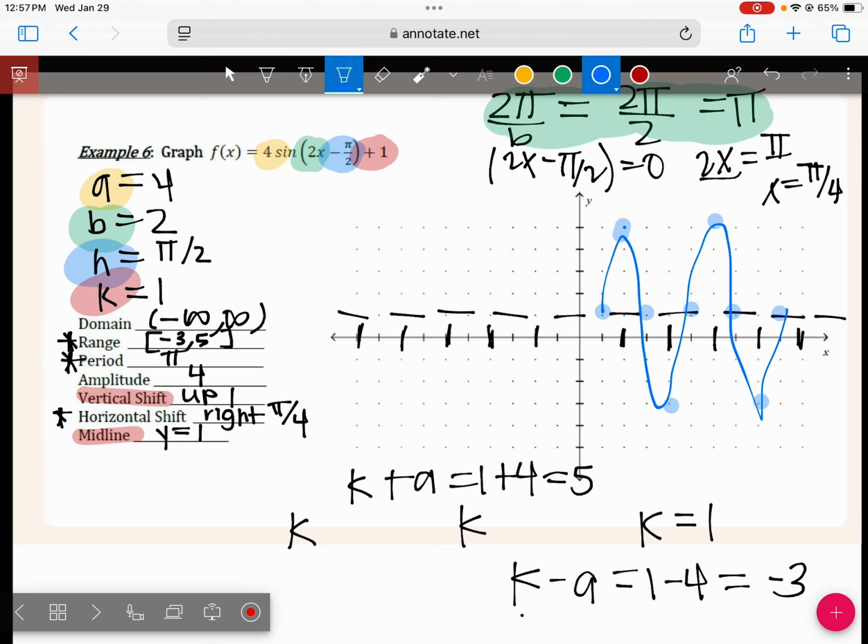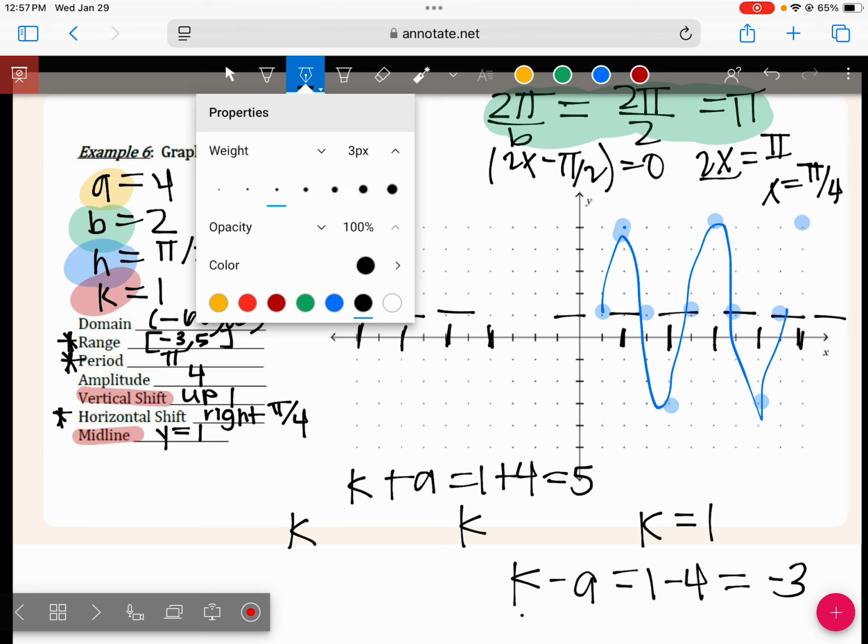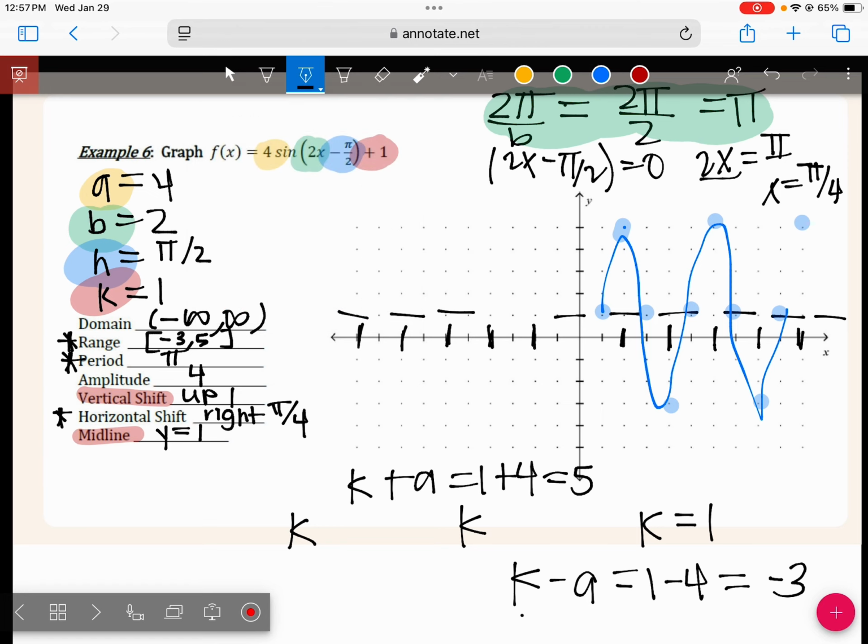But you can finish out your graph if you'd like, if that is aesthetically pleasing or makes you happy. We go down to -3, up to 5.